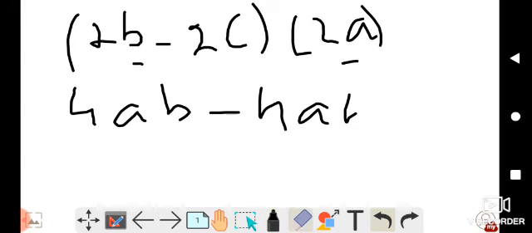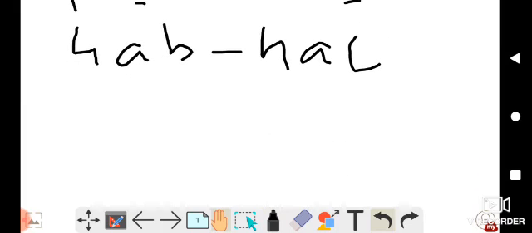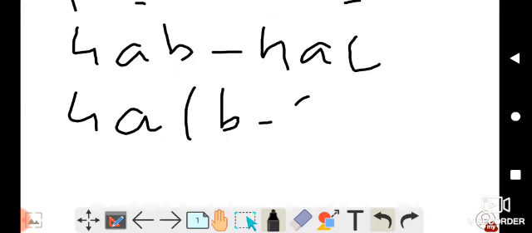Okay, in this question we see a common number. Common is 4, also common in both, a is also common in both. So we take 4 outside, a also outside, and give a bracket. Now in the bracket there remains just b minus c. Because a is outside, 4 is outside, in the bracket just b minus c remains. This is the answer of question number 7.